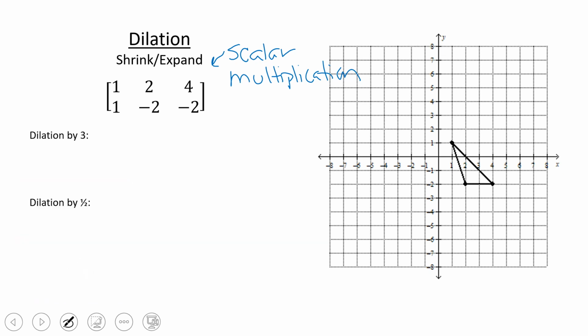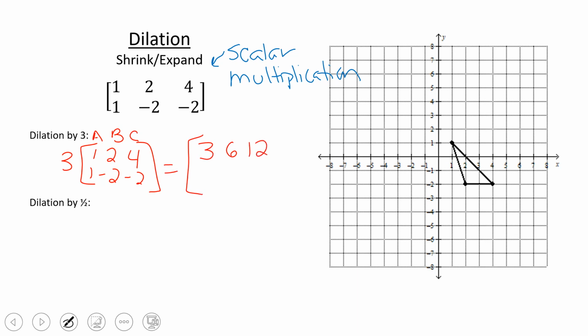So if I want to dilate this by 3, so that'll be expanding it because that 3 is larger than 1, I'm just going to take my original matrix and I'm going to multiply it by a 3. So remember, this is still A, B, C. And so these are going to turn into 3, 6, 12, 3, -6, -6.